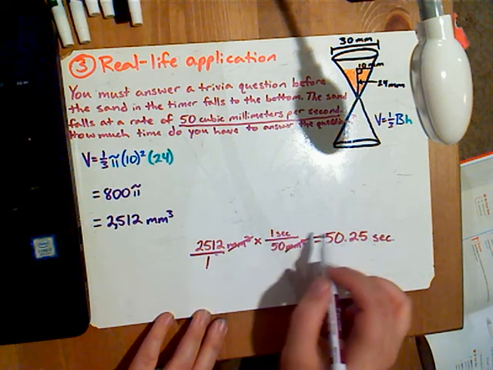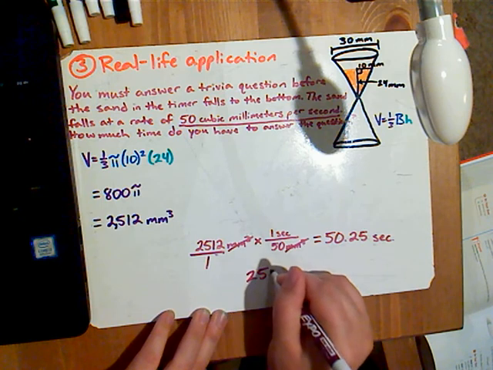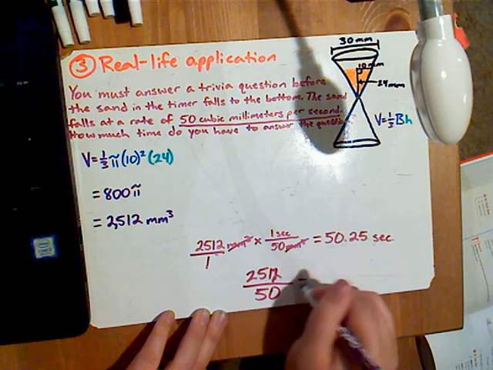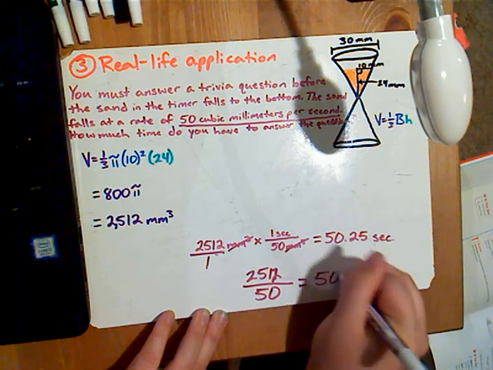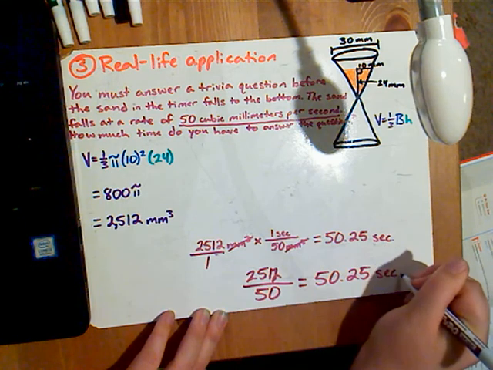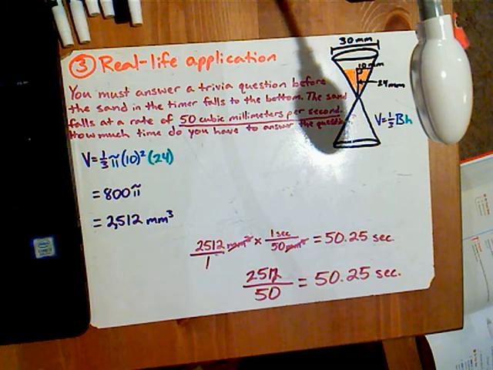Remember, when we multiply straight across, it ends up being 2512 over 50, which is that 50.25 seconds. So we have about 50 seconds to answer that question.